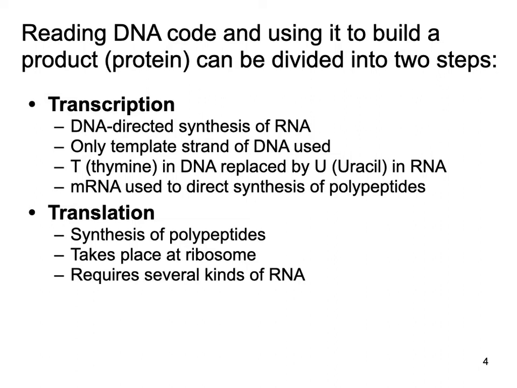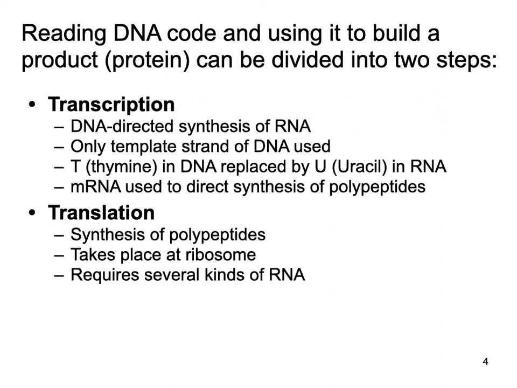Then the RNA that is formed through this process is called messenger RNA, and it will be used to directly synthesize the polypeptides, which are long chains of amino acids. Translation is the synthesis of polypeptides.